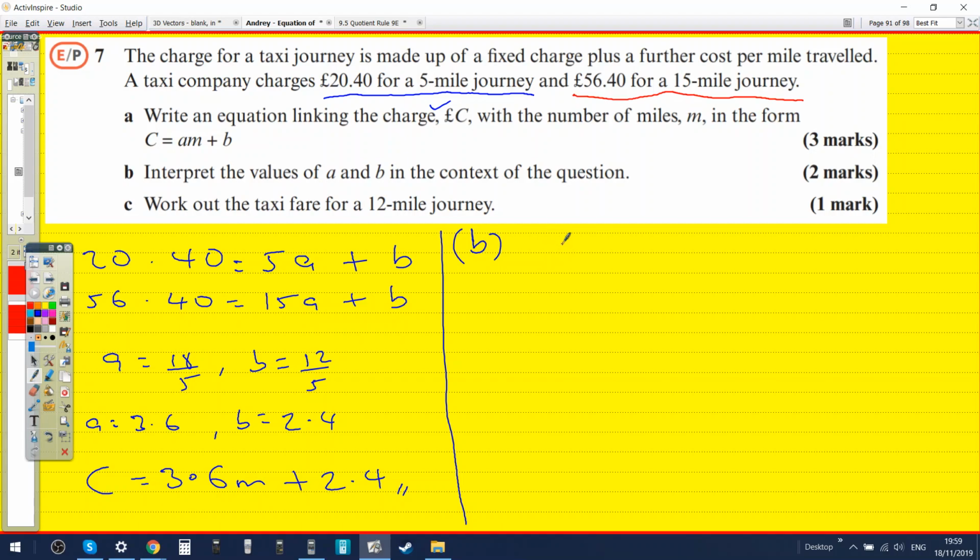That's not B. That's A. Sorry. That's the other way around. So cost per mile would be the one next to the mile, like the gradient.